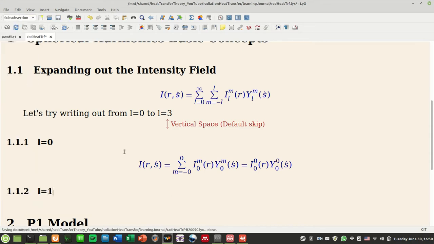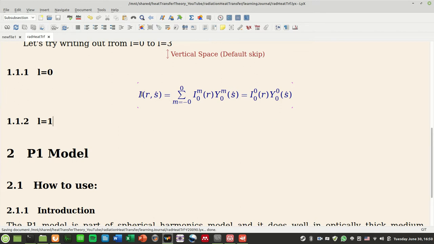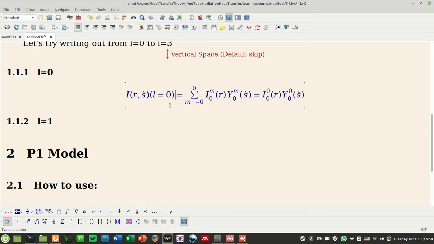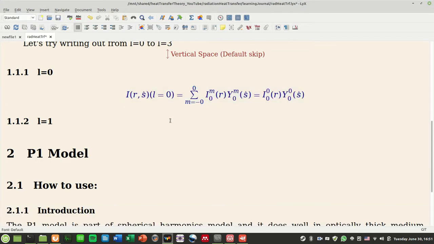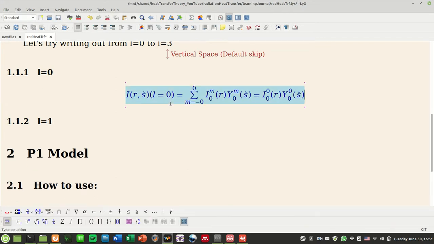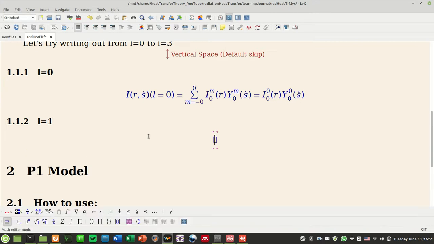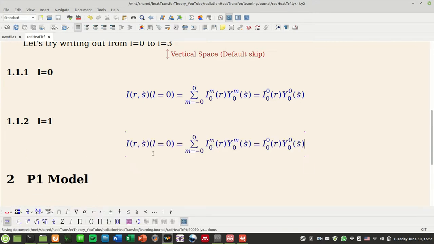Subsection L equals 1. These are just indices that you want to get used to.